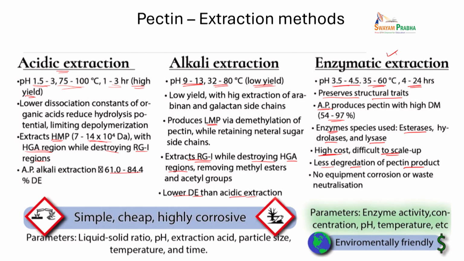We saw that acidic extraction preserves the linear part of the polymer while destroying the amorphous part, whereas alkali extraction destroys the linear part but preserves the amorphous part. Enzymatic extraction preserves the entire structure, both linear and amorphous together, but time is more and cost is more.